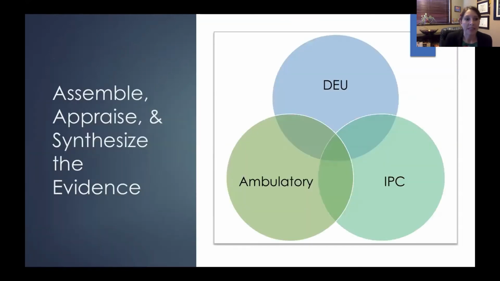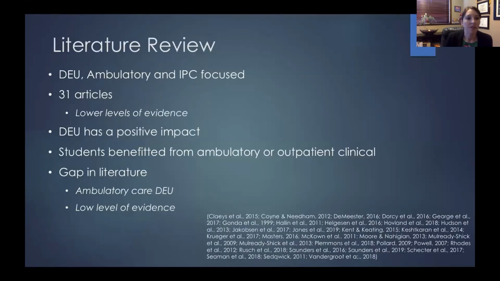We completed an exhaustive literature review of the 3 areas related to our topic, which are dedicated education unit, interprofessional collaboration, and ambulatory care setting. 15 articles showed that a DEU positively impacts student self-efficacy, satisfaction, and communication skills, while increasing staff satisfaction and teamwork.